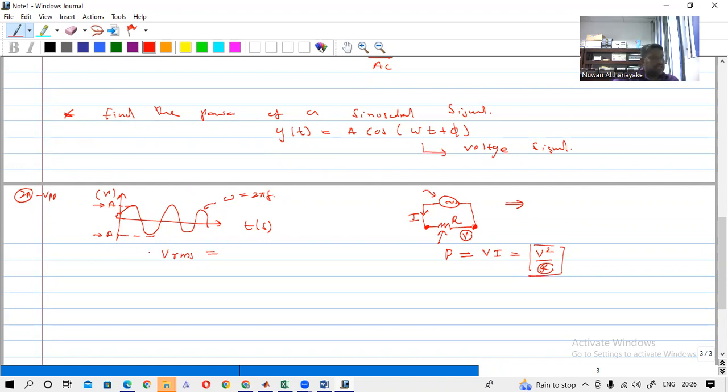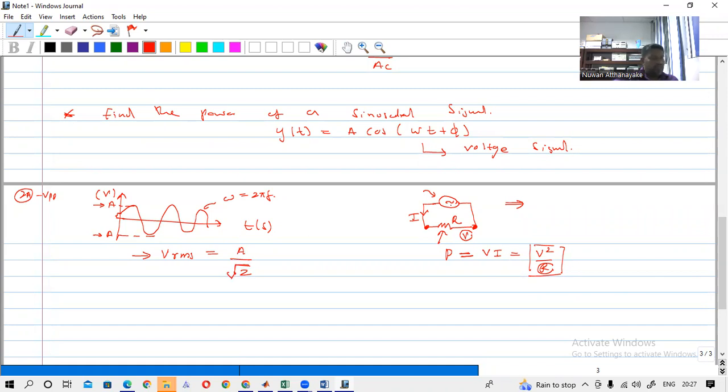That is the definition of the VRMS, so I think you already know it. Anyway, for a sinusoidal signal, we know that the RMS value is equal to the peak value divided by root 2.